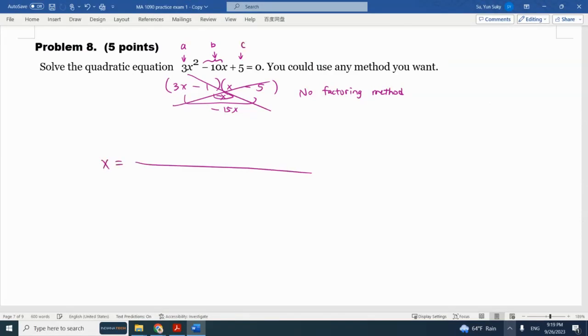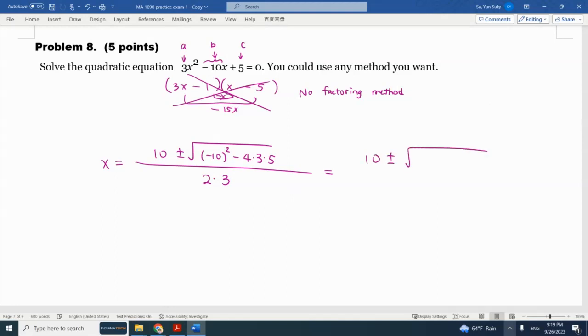So x equals negative b. b is minus 10, negative minus 10 becomes positive 10. Plus or minus b squared. So minus 10 squared. Don't forget the parentheses. Minus 4, a is 3, c is 5. All over 2a.